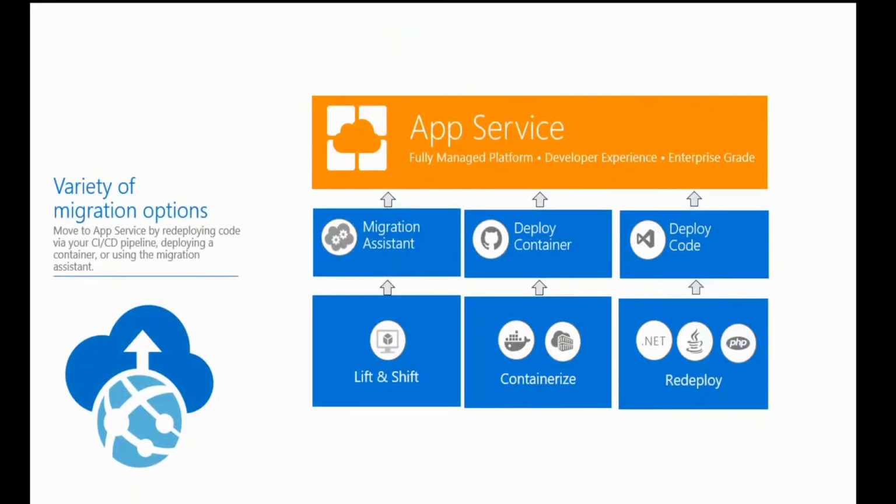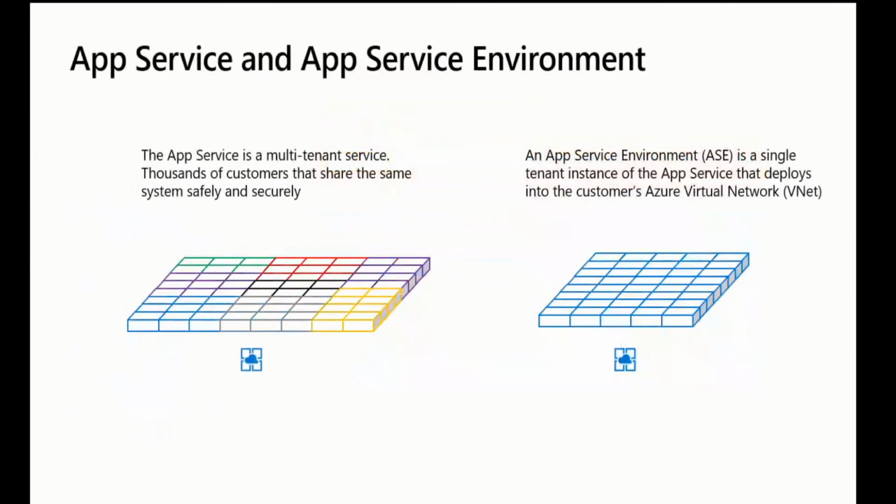So Kazeem already mentioned the app service, but the point that I want to point out over here is that you can also deploy that container to an app service or directly from code. So you have the app service, you also have app service environments that you can set up.